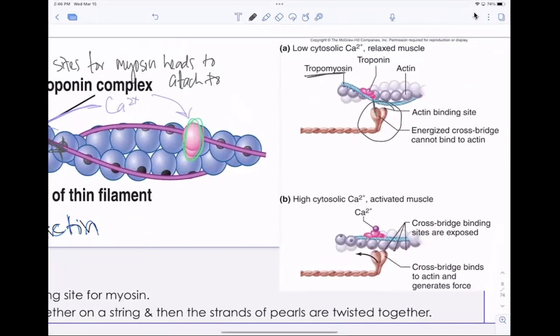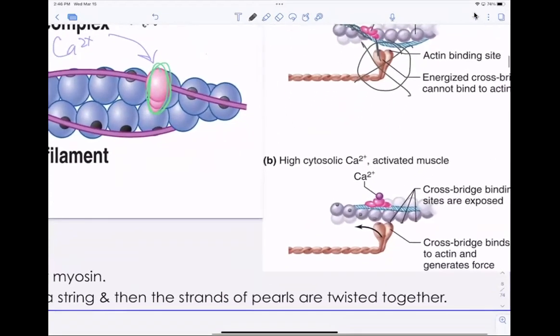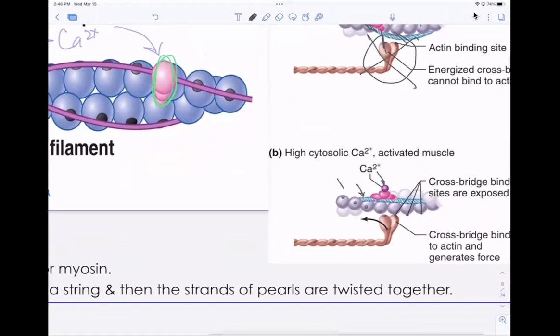If tropomyosin is over the active sites like here, the myosin head can't bind. Doesn't happen. But if you see here, when calcium binds to the troponin complex, it moves tropomyosin off these active sites here. And then the myosin head can reach over and attach. And there might be a myosin head reaching over and attaching here, and another one here, and another one here. The point is, if you have active sites available, myosin heads can now bind to the actin strand.